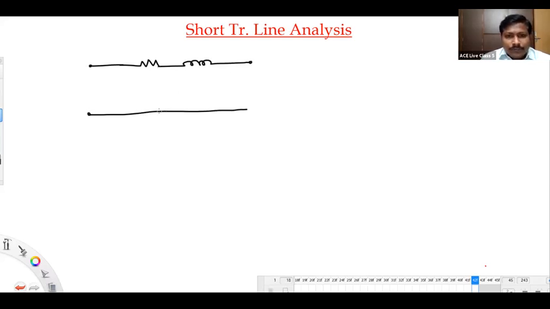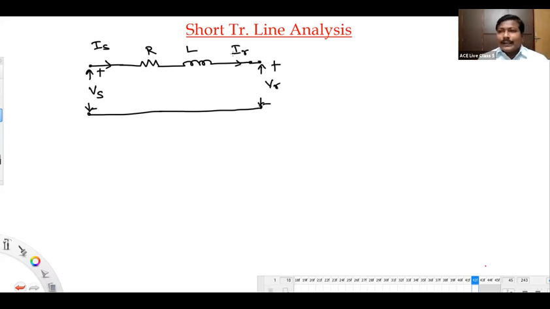An RL circuit, and this is the sending end side, Vs, and the current is Is, and on the receiving end side, it is voltage VR, and the current here is IR.